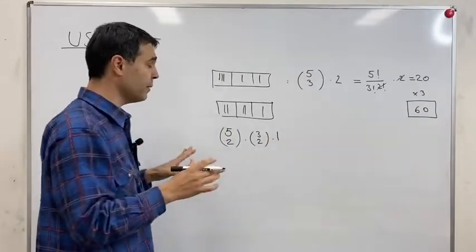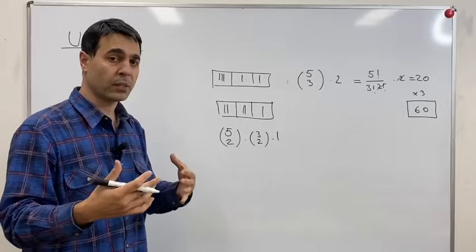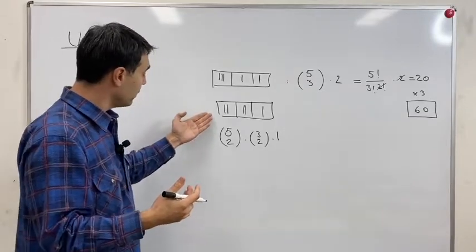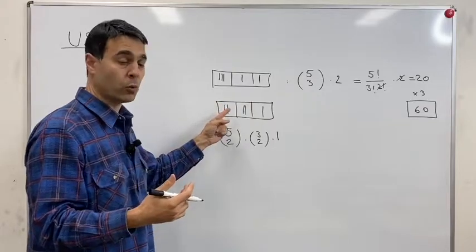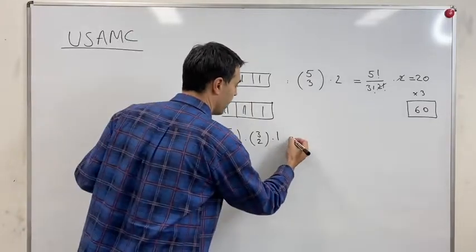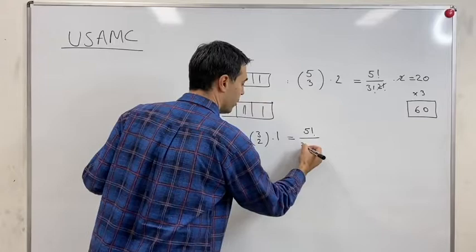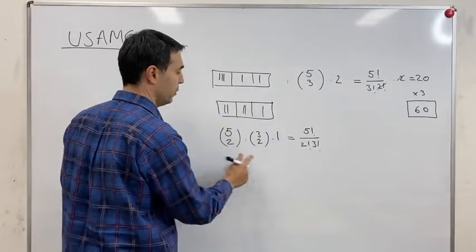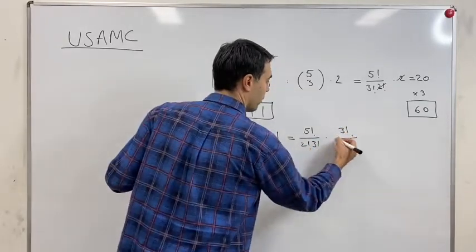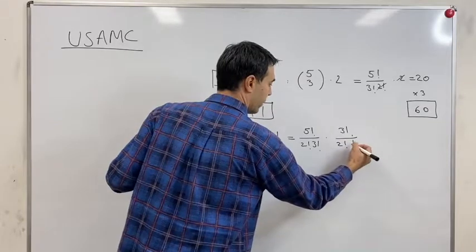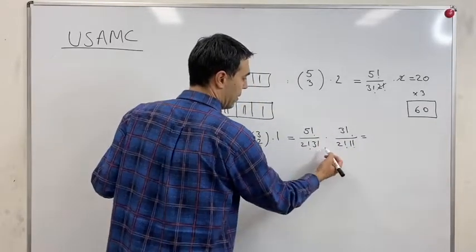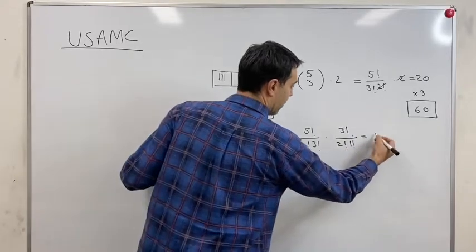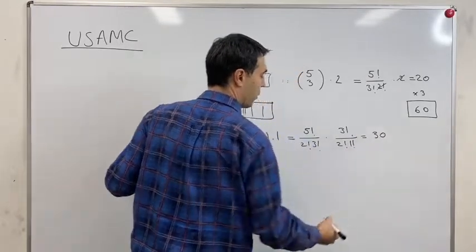Again, at the end, you have to multiply this by something because this is only one combination of 2, 2, 1. Maybe the first one is the one who gets 1 candy. We're going to talk about it. And that's 5 factorial over 2 factorial 3 factorial, times 3 factorial over 2 factorial 1 factorial. And that's 10 times 3, which is 30.